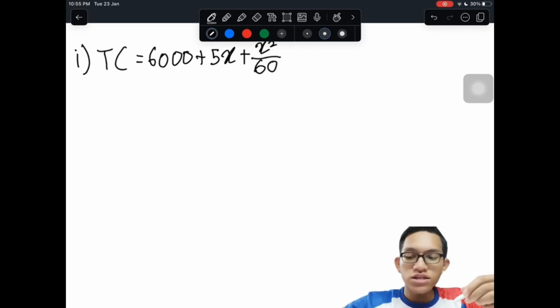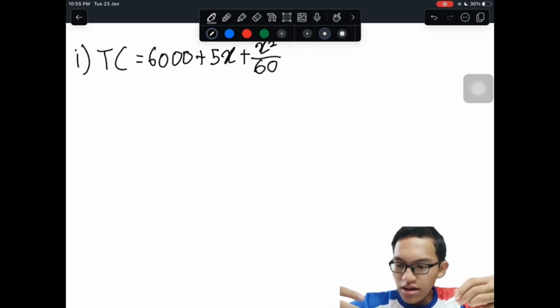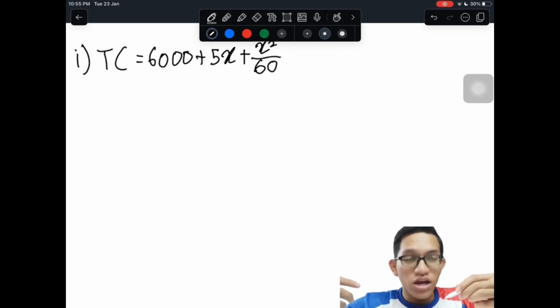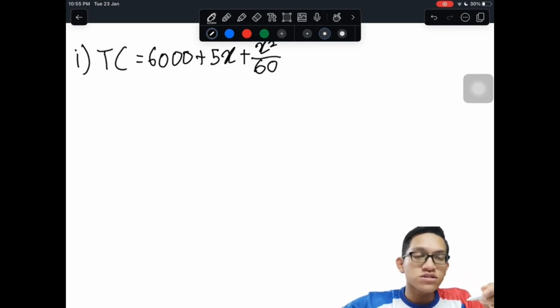So for the second question, which is to find how many units must be produced so that the average cost is minimum, firstly, we need to find the average cost.